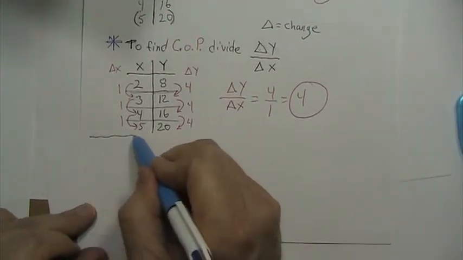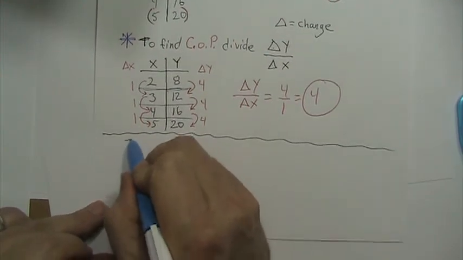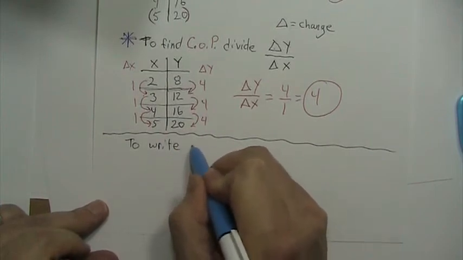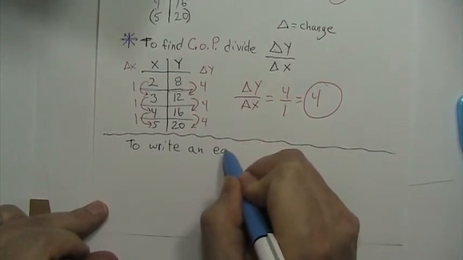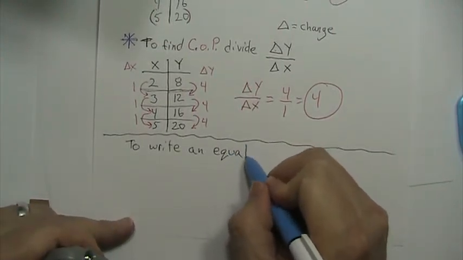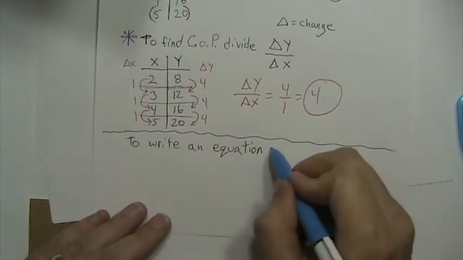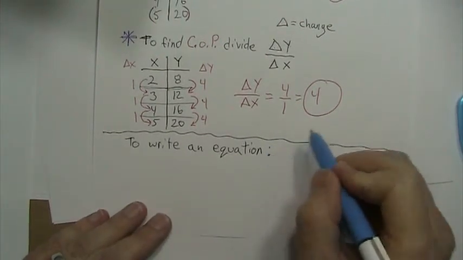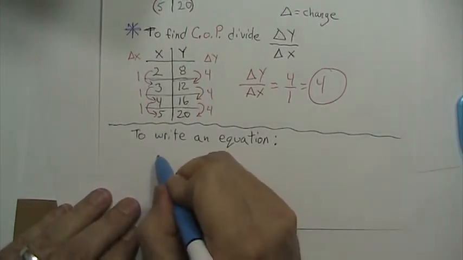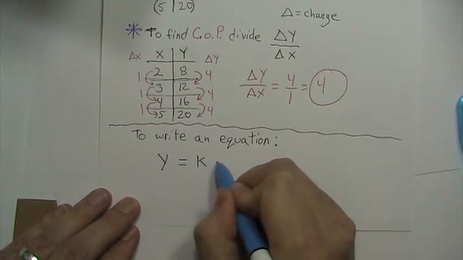Okay, one last thing, and then we're done. I'm just going to put a little squiggly line here. To write an equation, it's going to be y equals kx.